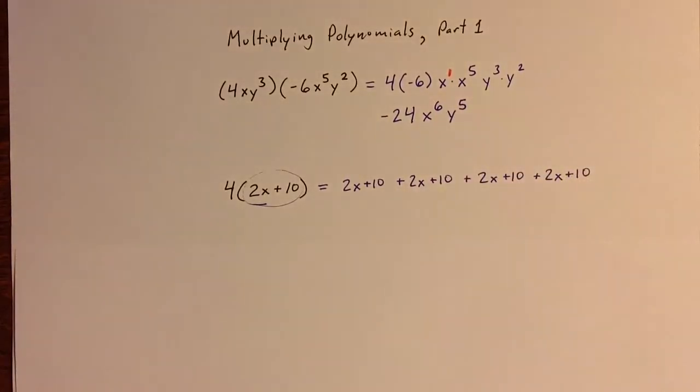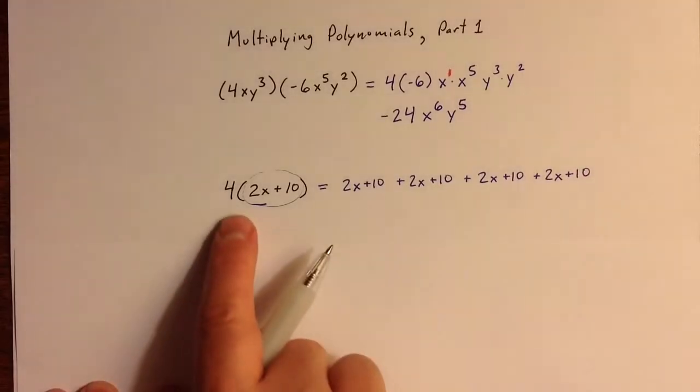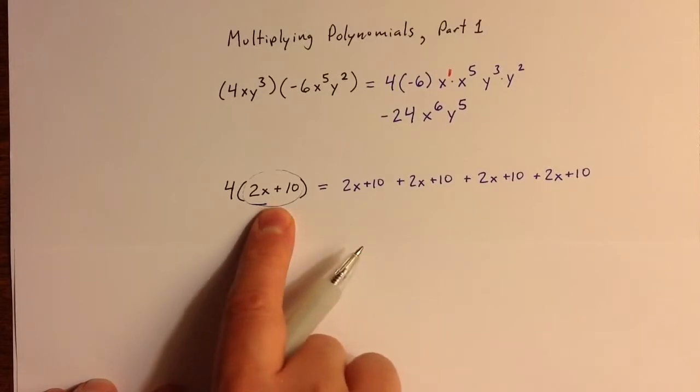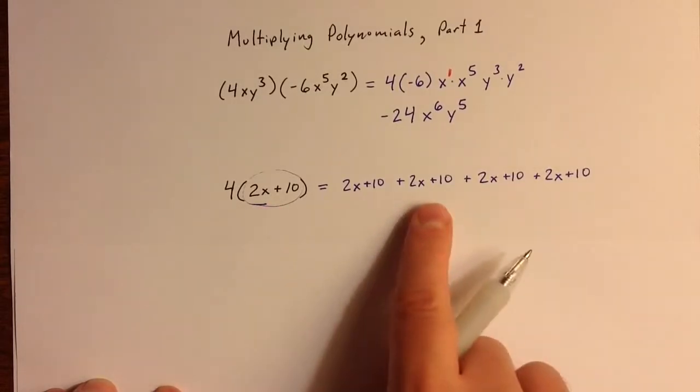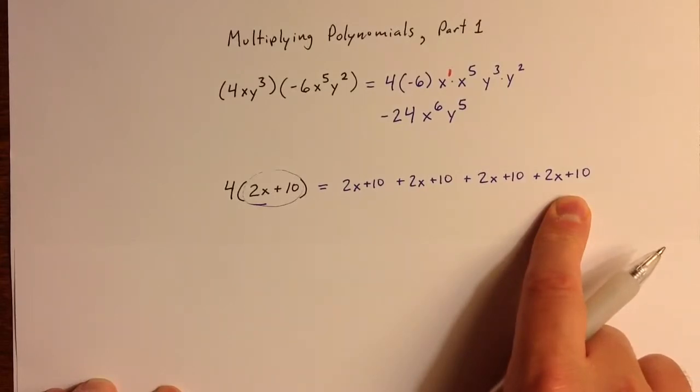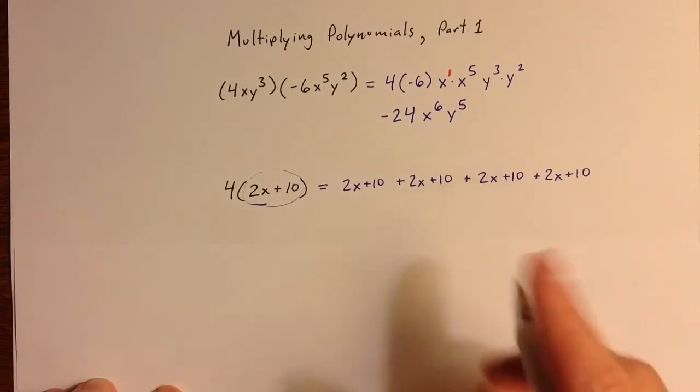Now this is not something that we're going to want to do for every problem, but just to illustrate why we get the answer that we do. So 4 times 2x plus 10, it's 2x plus 10 plus 2x plus 10 plus 2x plus 10 plus 2x plus 10. But similar to what we just did with multiplication, I can rearrange the order of addition.